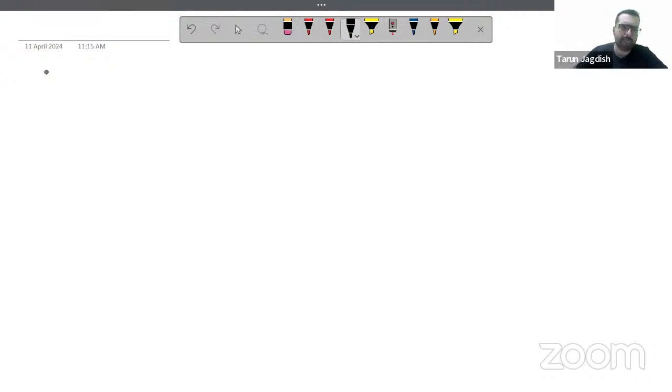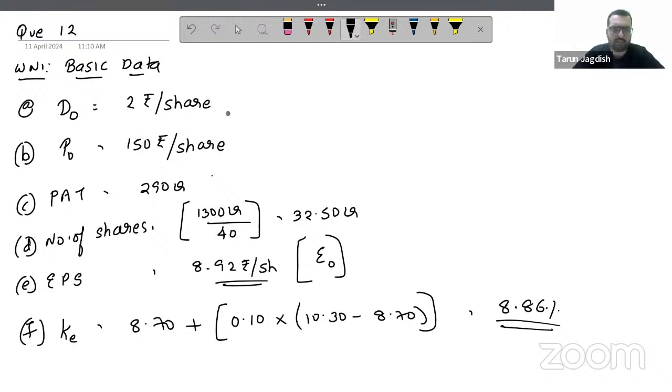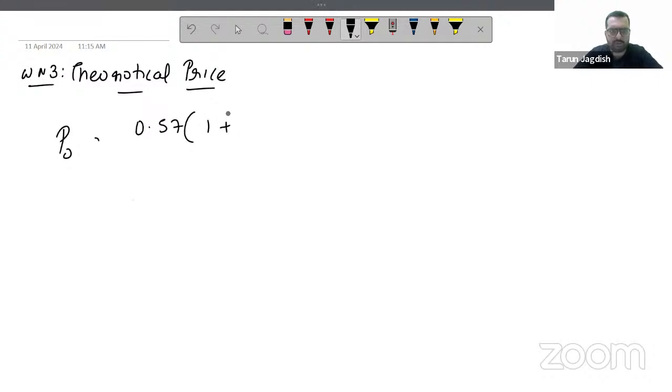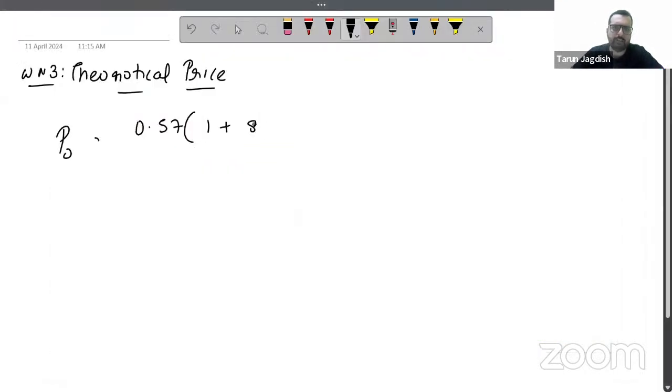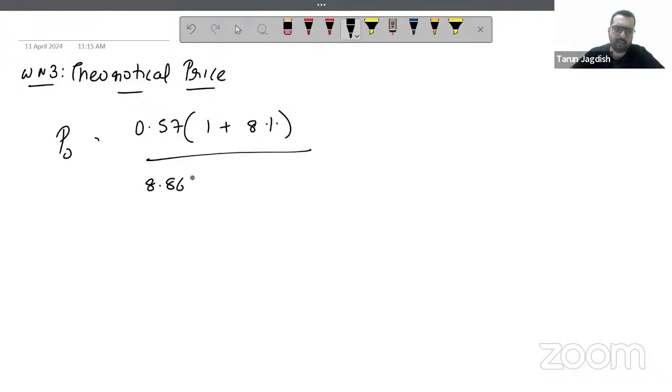Okay. So from this, I will now find out my theoretical price. Price of an asset is nothing but present value of future cash flows. What is the growth rate that is told in the question? 8%, right? So this plus 8% divided by K that we found out, 8.86% minus 8%.